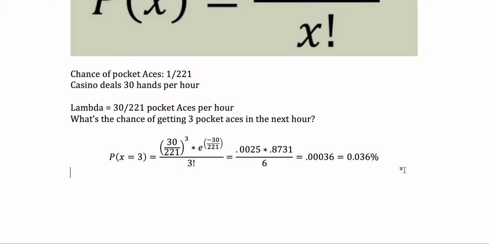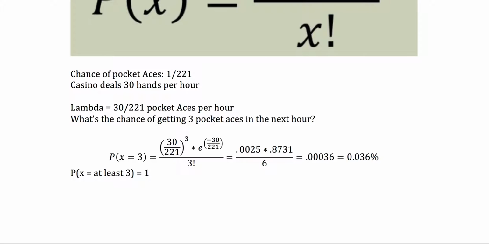So this is one thing we could do. We could also compute this another way. Let's say we wanted to know the chance that x is at least 3 pocket aces. That means we get 3, 4, 5, all the way to infinity.